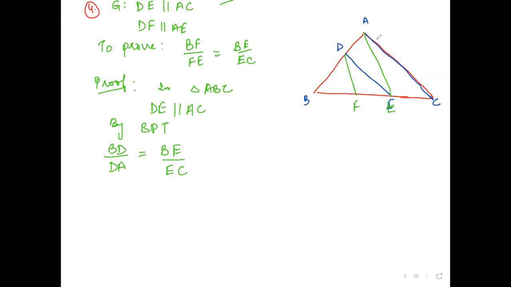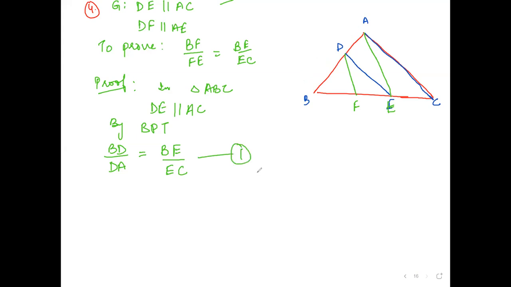Because I'm using the full ABC triangle and the line DE is parallel, that means this side upon this side will be equal to this side upon this side, isn't it? Because DE is the breaking line. So far, mark this as your result number 1 because we can use it later.